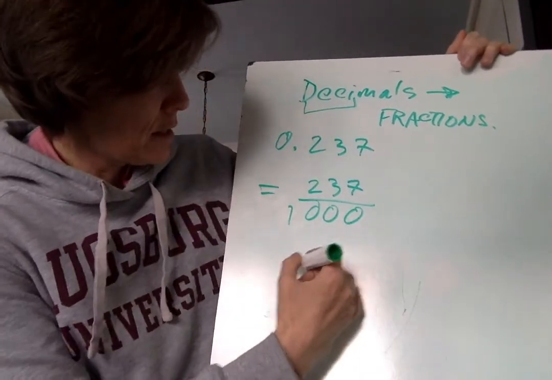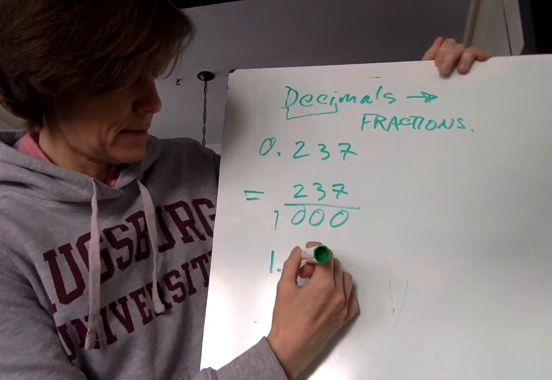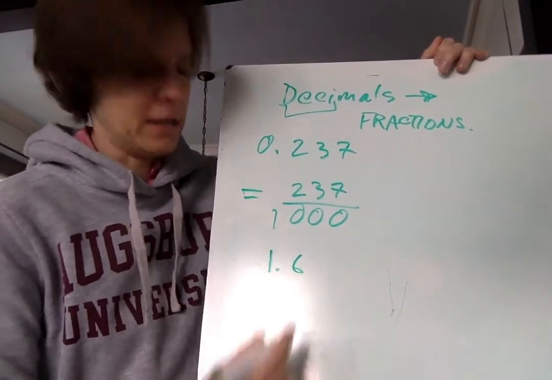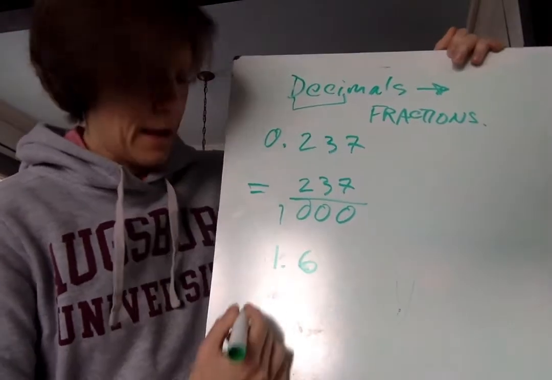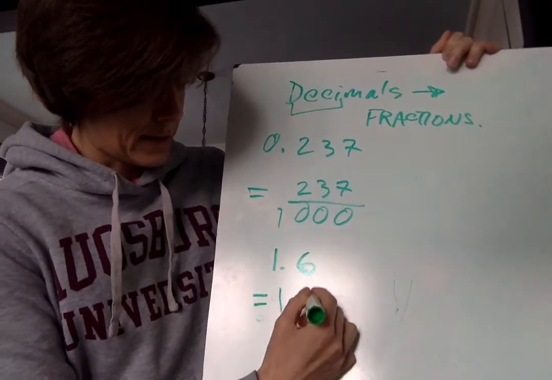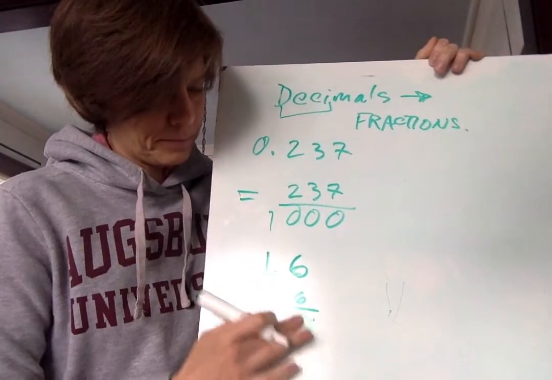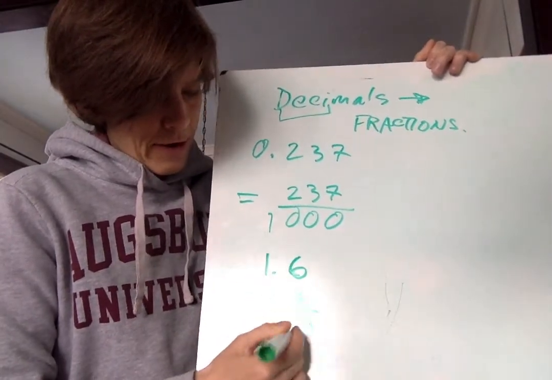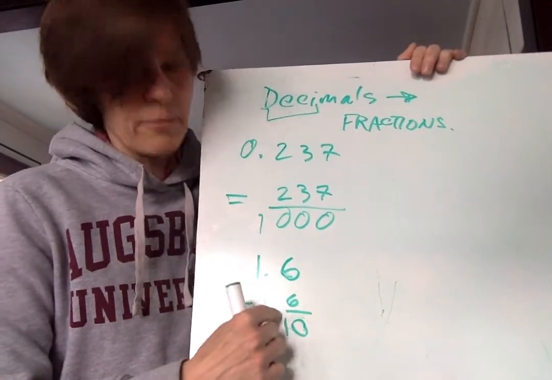If you had 1.6, we'll make that really simple. I can say that's 1 and 6 over 10, right? And now I have myself a really glorious mixed number, because remember, implicit in a mixed number is addition right here.